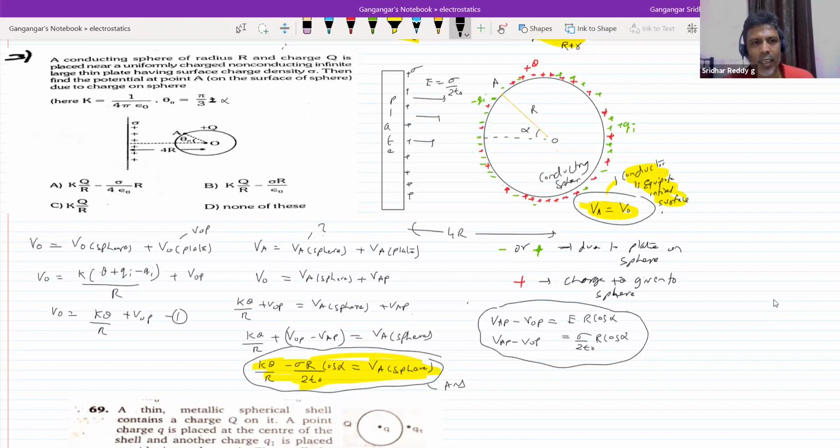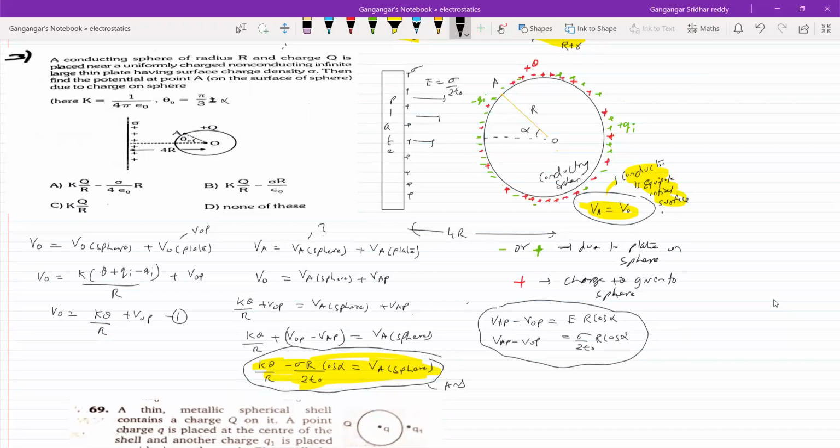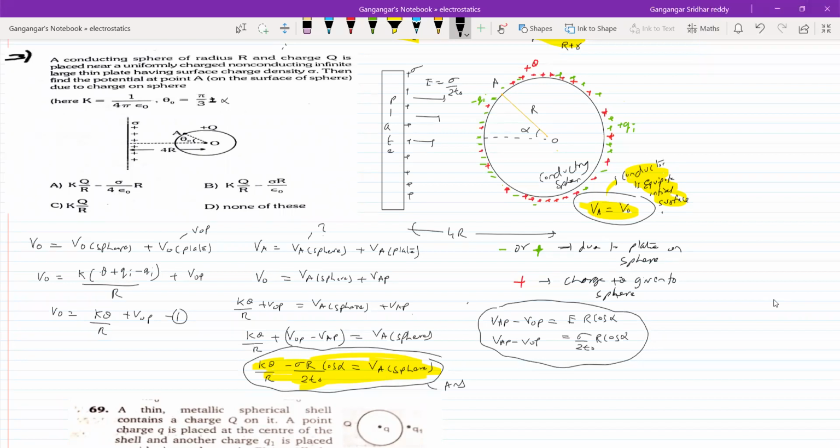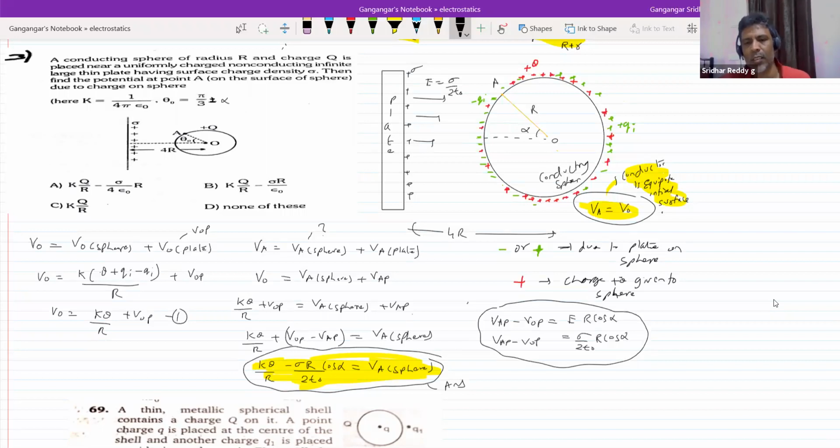A conducting sphere of radius r and charge q is placed near a uniformly charged non-conducting infinite large thin plate. Practically, you don't get infinite. The field will not be uniform far away due to edge effects. That's why, nearby the plate, we take the field to be uniform, and that's why we have to work it out.